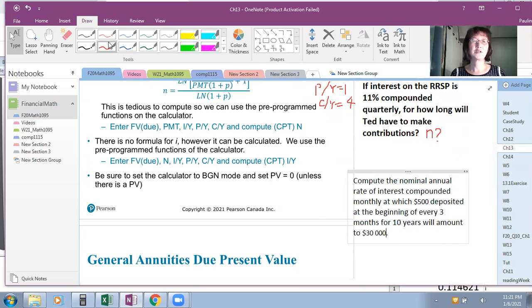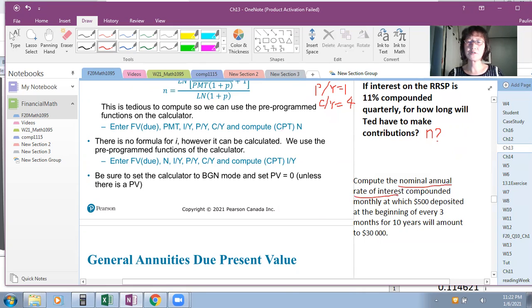Okay. So the question asks you, what is the nominal annual rate of interest, I/Y?